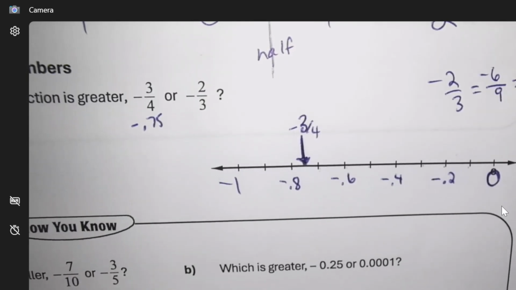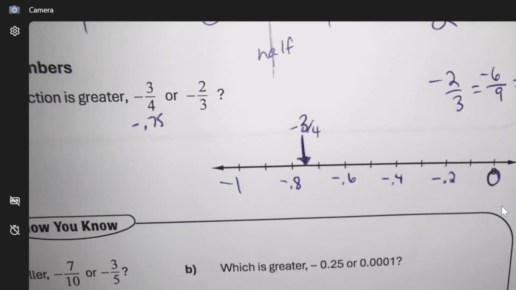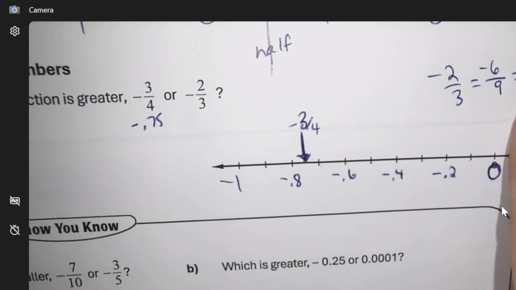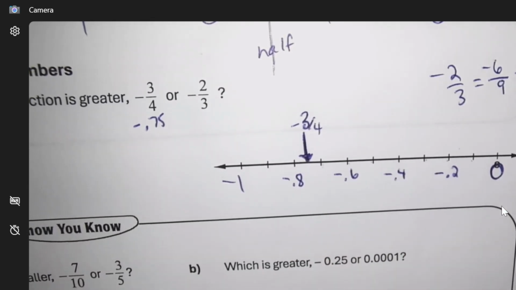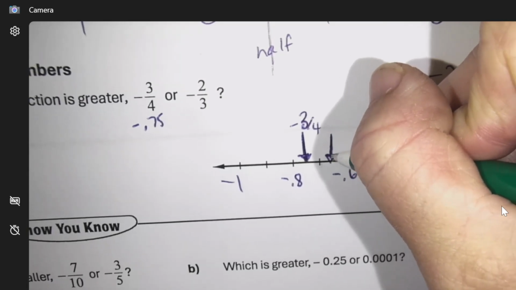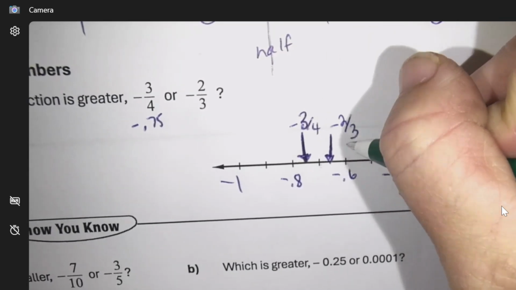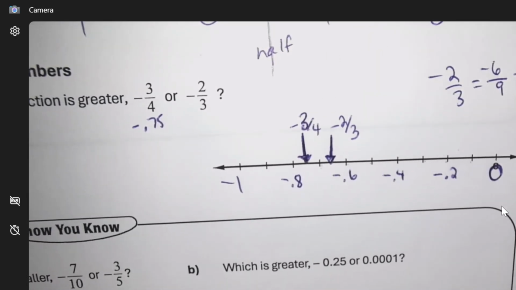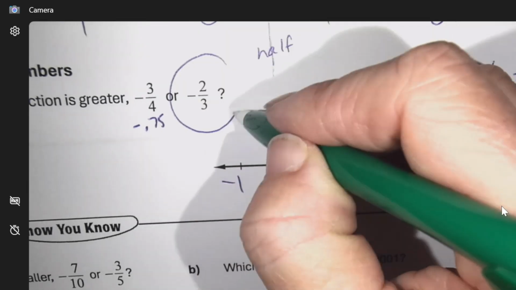Always a repeating. So where would you want to put that? A little bit closer to negative 0.7 than it is to 0.6. So which one of them is greater? Negative 2/3.